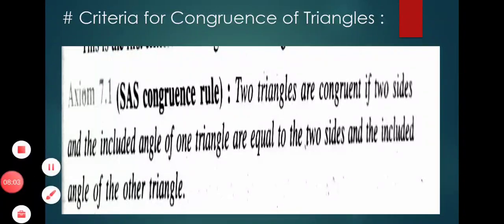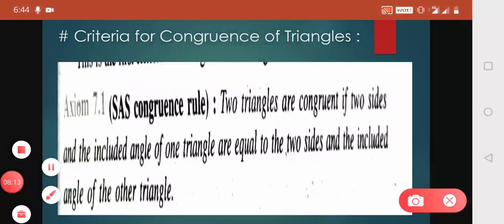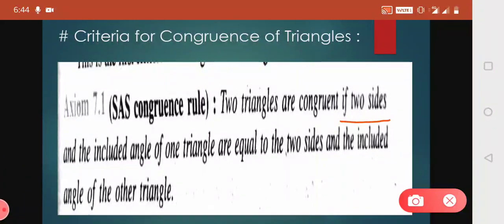Axiom 7.1, that is the SAS congruence rule, states that two triangles are congruent if two sides and the included angle of one triangle are equal to the two sides and the included angle of the other triangle.